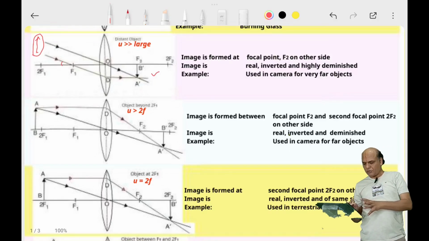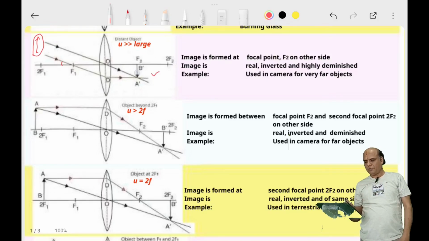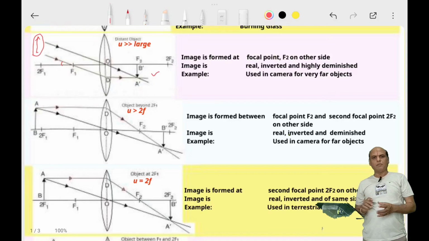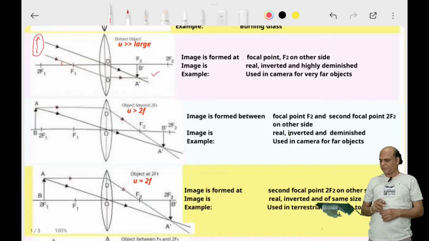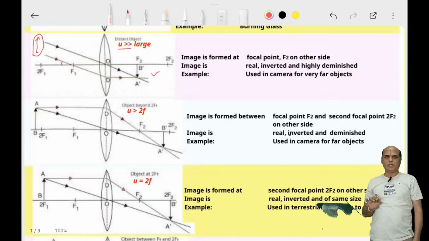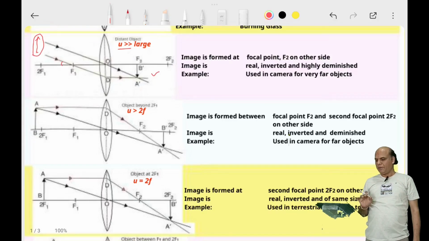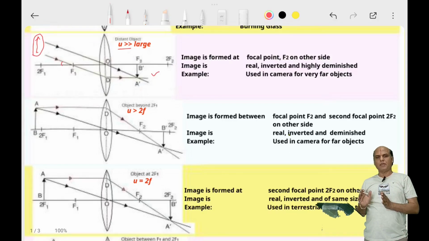Actually, we could not show the object here because the object is so large. But if you see the image, it is almost depictable on this diagram. So the image is highly diminished. So in this case, when u, that is the object distance as measured from the optical center, is very large, an image is formed on the focal plane at the focal point on the other side of the lens.